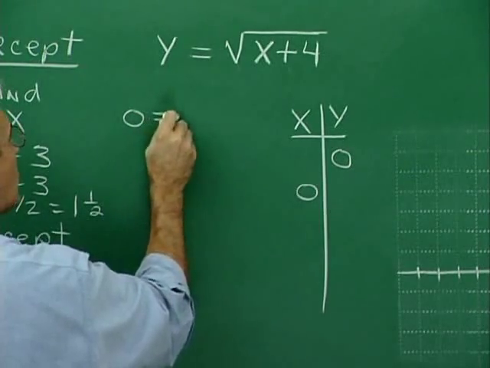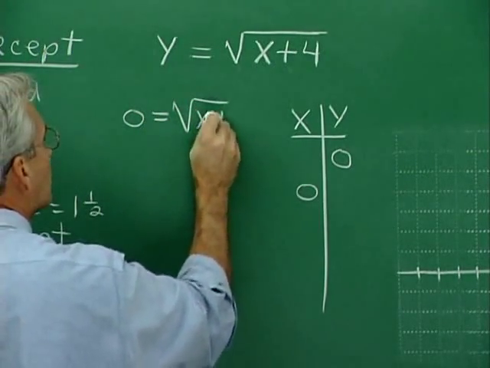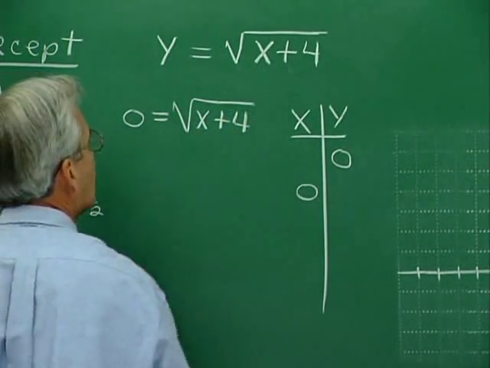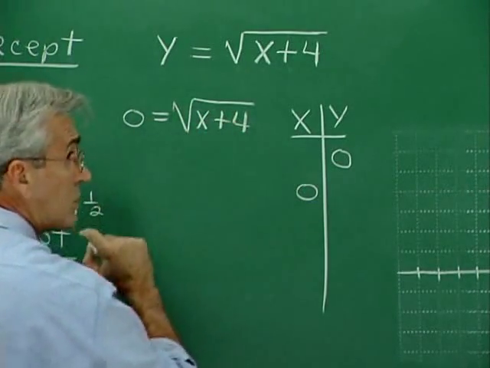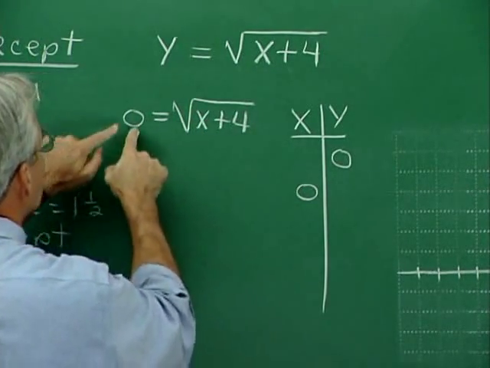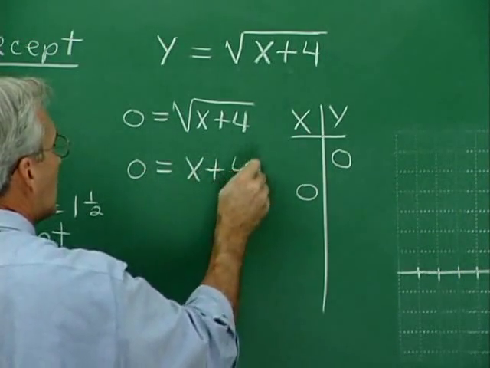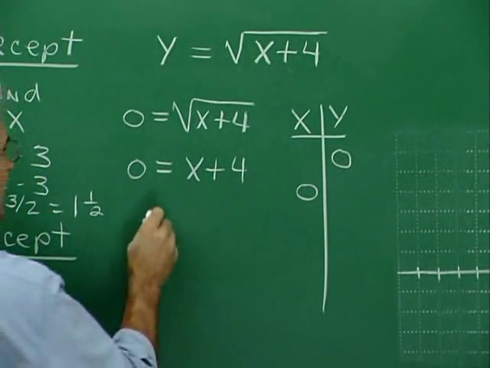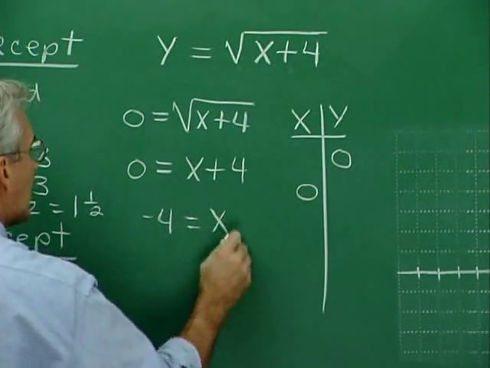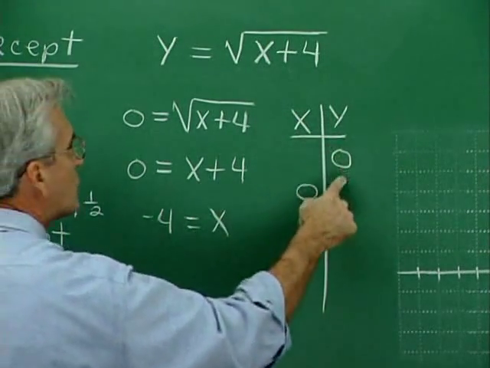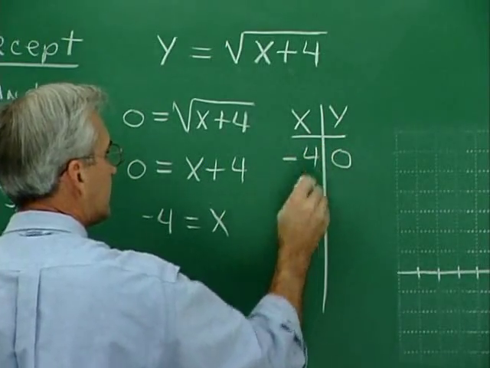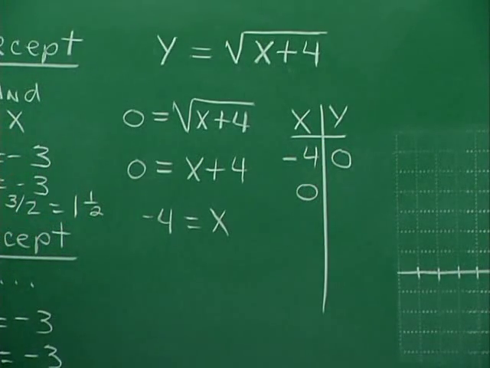We have 0 equals the square root of x plus 4. Now we have to solve this. Squaring on both sides will undo this radical. When we square over here, we get 0. When we square on the right, we get x plus 4. Subtracting 4 on both sides, we find negative 4 is equal to x. So when y is 0, x is negative 4, our x-intercept.